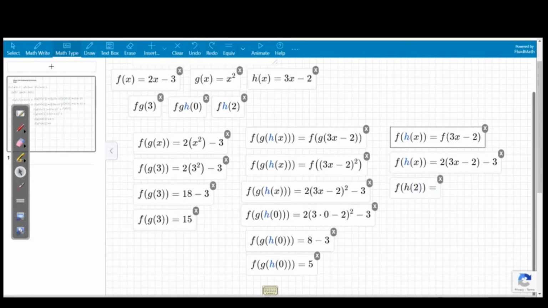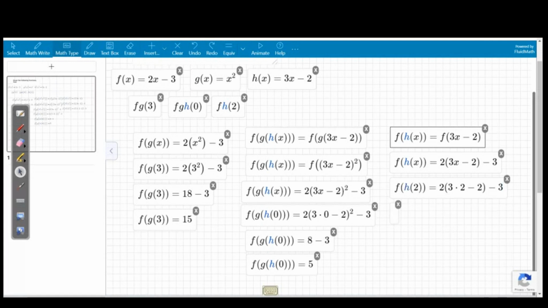Now this becomes 2 into brackets. Wherever we see x, it becomes 2. So this is 3 times 2 minus 2, all this minus 3. So let's work out what is in the bracket first. 3 times 2 gives us 6. 6 minus 2 gives us 4. 4 times 2 gives us 8.